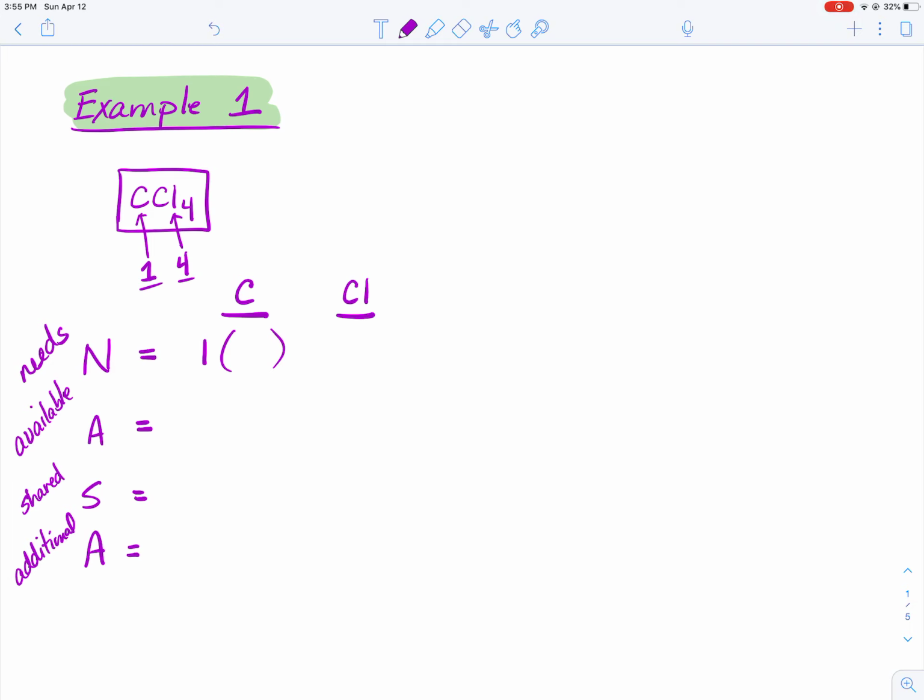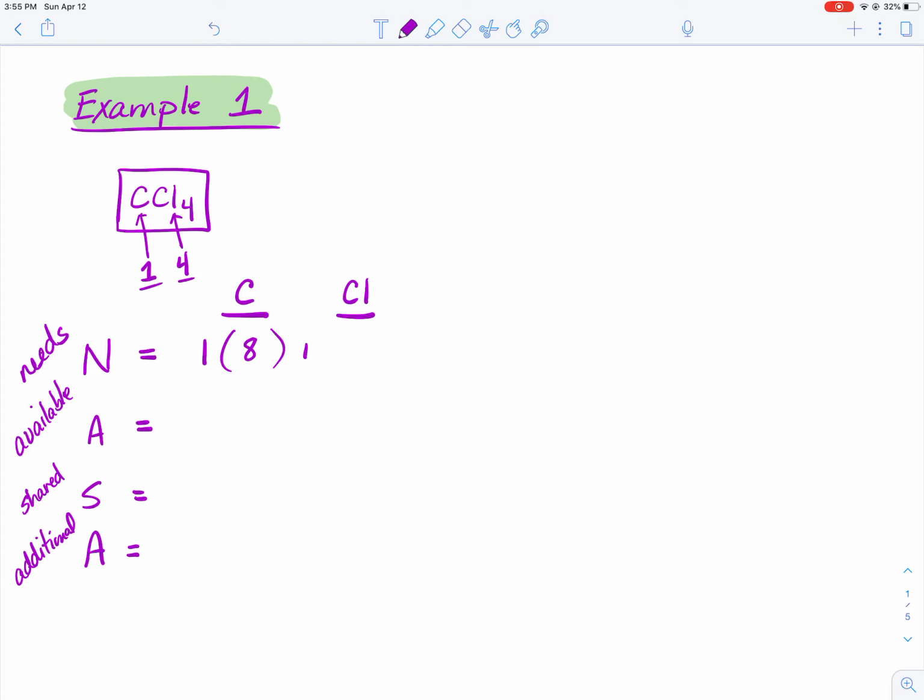To have an octet, that's 8. More often than not, all of your atoms are going to be 8 in the needs row. There are a few exceptions to that, but you don't know what those are just yet. Watch later videos to figure out what those exceptions are.